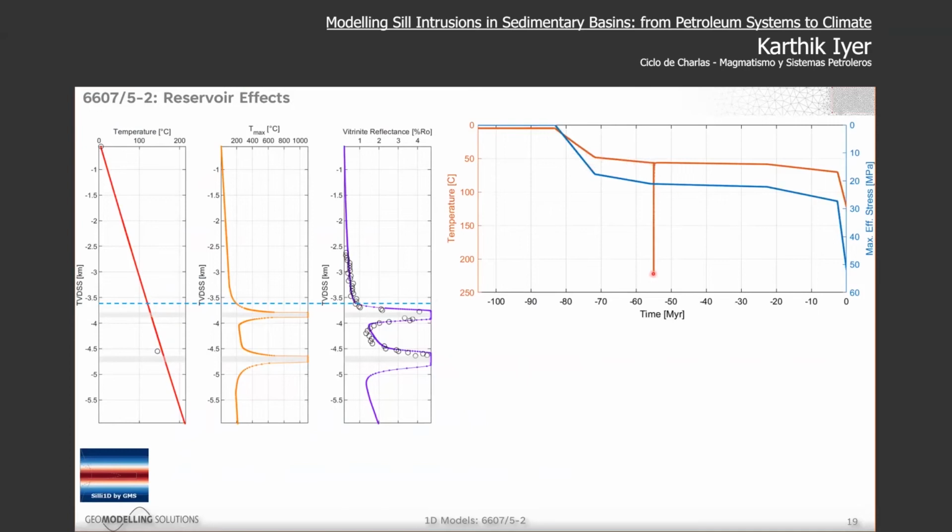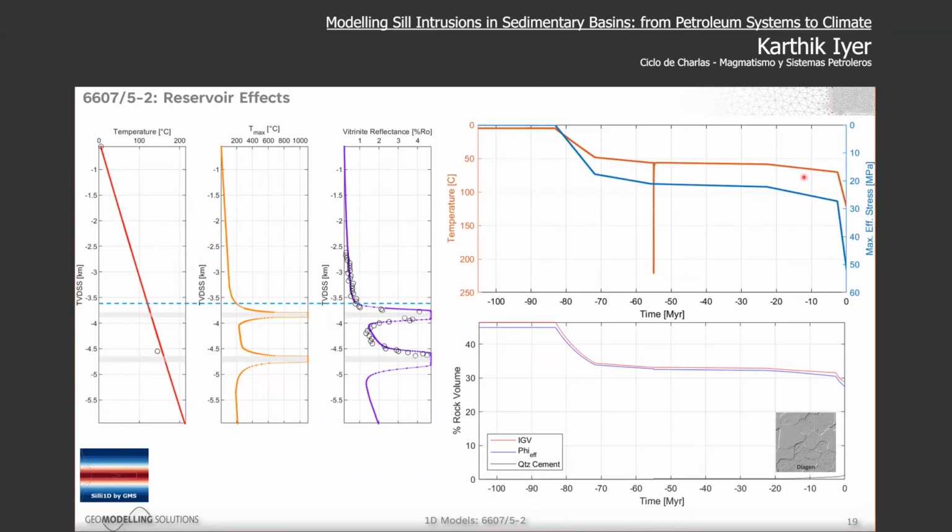There's an increase in temperature. But on the basin scale, you also see the time scales are very different. This is just a quick spike, and then it returns back to normal because the cooling of the sill is very, very fast compared to the basin generation. And then we can look at if it had any effect in terms of, for example, in this case, quartz cementation. It's also a kinetic reaction. We put it in one of our other tools, Diagen, and we see that nothing really happens.